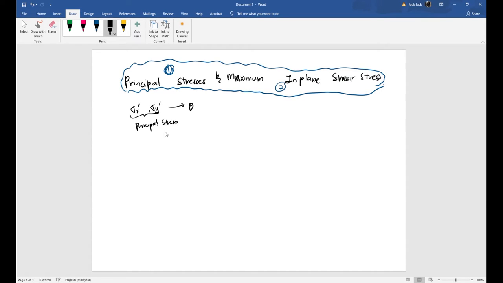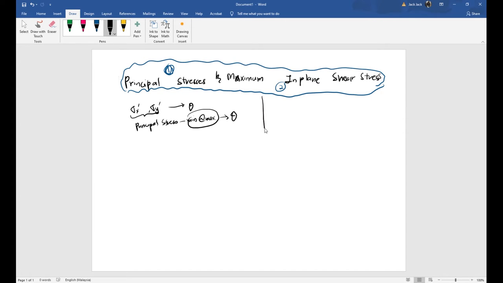This principal stress refers to the minimum or maximum value of normal stresses. At the same time, we do not know at which angle, at which theta, the stress is maximum. That is the general physical meaning of principal stress.